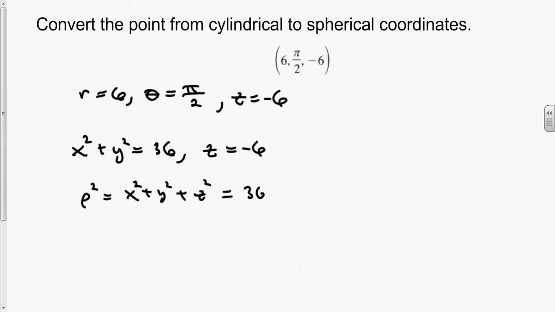So that gives us 36 plus 36, you get 72. So rho is equal to 6 times the square root of 2, or the square root of 72. So that's rho. We got theta. So now we just need phi, and that's it.